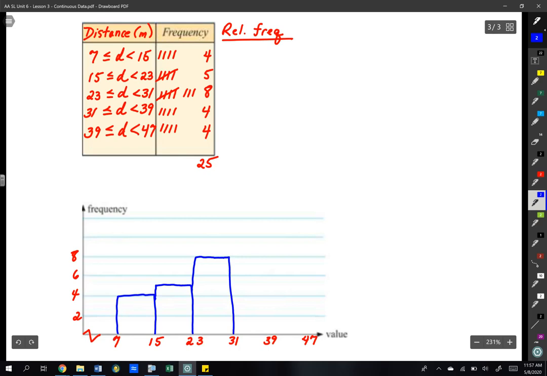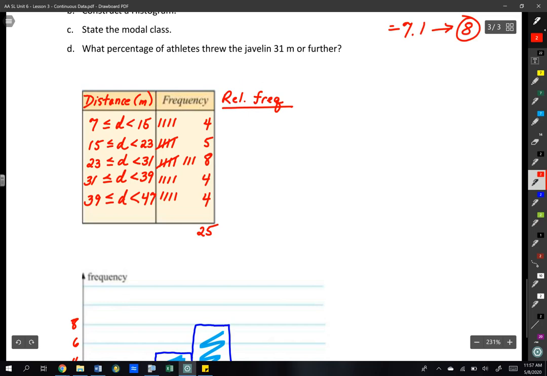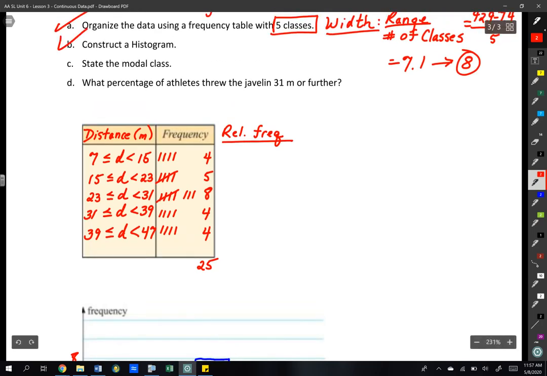From 31 to 39, it's 4. And from 39 to 47, it's 4. And I'm going to shade. Makes me happy. Go back to the top here, construct the histogram, we're done.